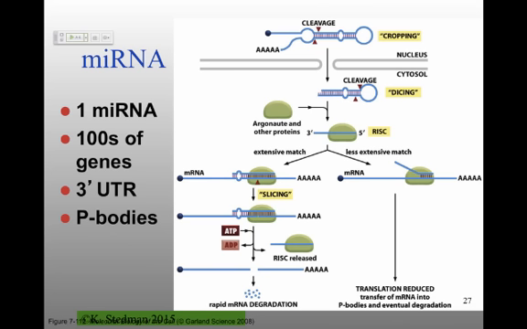So the question is, how is it that you end up with fewer microRNAs that have very extensive matches and many more that have fewer matches? Well, if you just think about the number of nucleotides that you have there, how often are you going to have a stretch of 4 or 5 nucleotides that are going to match as opposed to a stretch of almost 20 nucleotides that match?